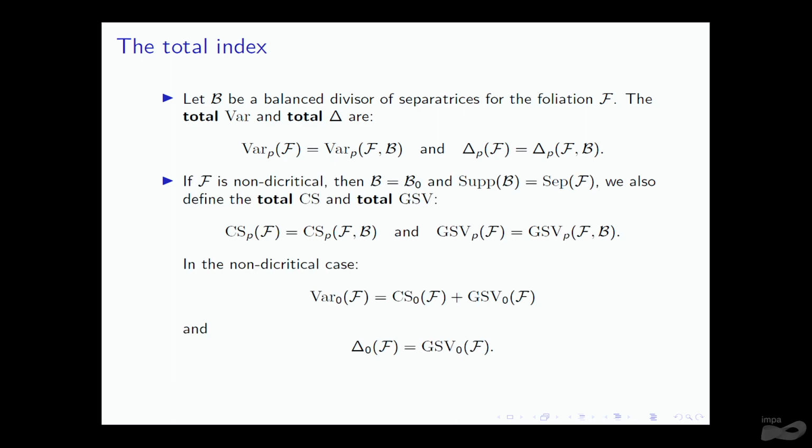And in the non-critical case, I can also define the total CS index and the total GSV in the same way. The total CS will be the CS calculated with respect to the balanced divisor, and the same for the GSV. In the non-critical case, I still have that the total var is the total CS plus the total GSV, and the delta equals the GSV.